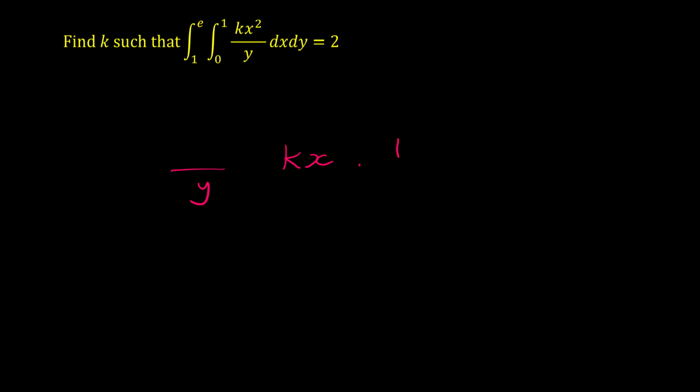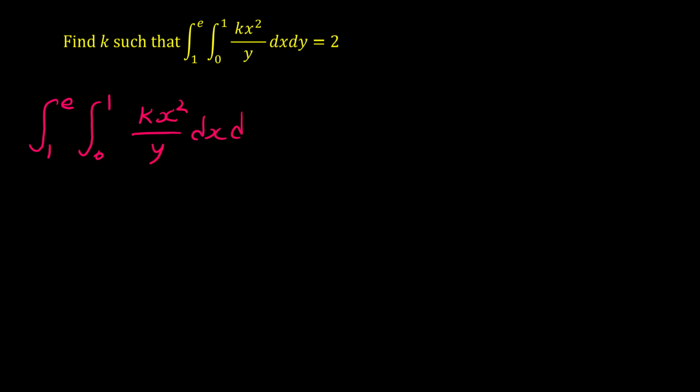Because of this, we can evaluate this double integral by writing it in the form of product of two single integrals, and by this way we can find this double integral a little easier. Let me show you. For finding this double integral, integral 1 to e, integral 0 to 1, kx to the 2 over y dx dy, we can write this integral in the form of integral 1 to e.